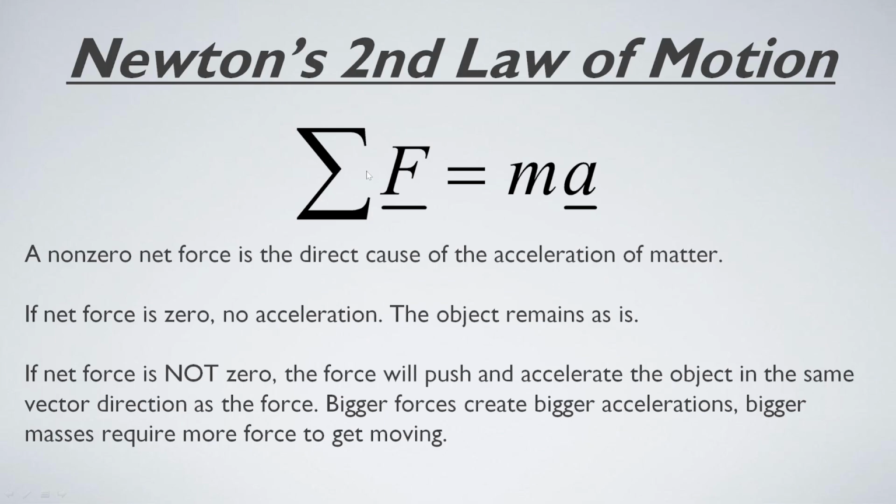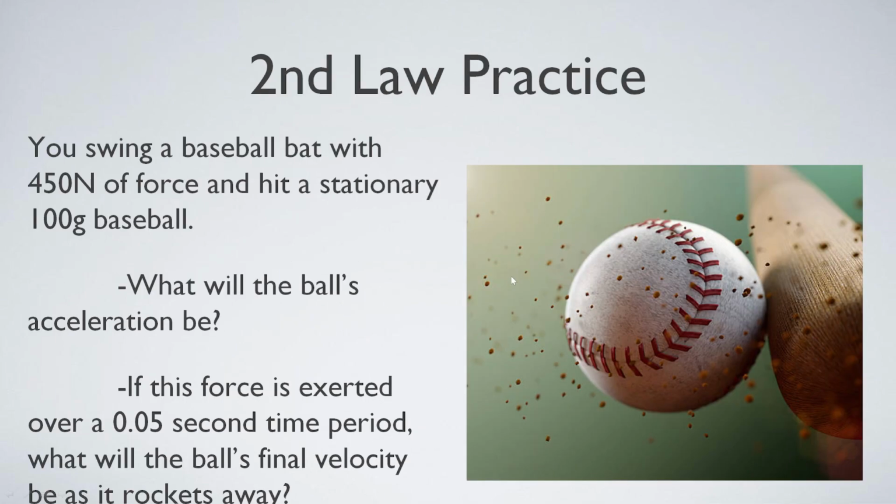Let's use the formula a couple times just to make sure that everything makes sense. First up, we're going to apply force to a baseball. We're going to swing a bat and use 450 newtons of force to hit a stationary 100 gram baseball. We'll assume that 450 newtons is overall the net force.